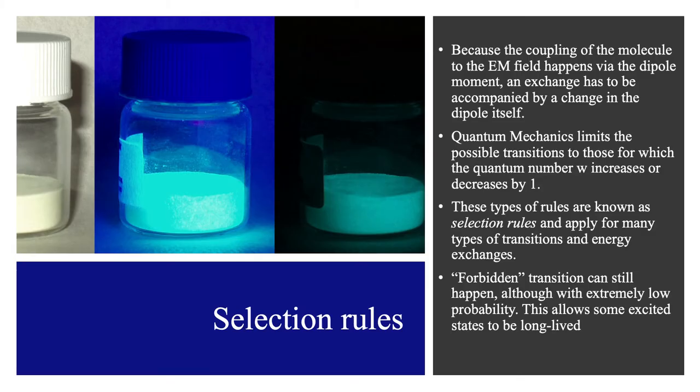And so one of the consequences of the fact that the coupling happens through the dipole moment is that the emission or the absorption of a photon, which if you will, is a bit like an exchange between the molecule and the electric field, has to be accompanied by a change in the dipole moment.